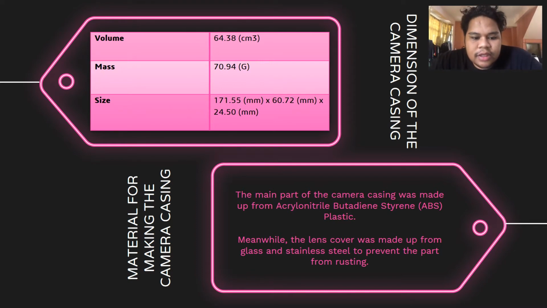For the material, the main part of the camera casing was made from acrylonitrile butadiene styrene, or called ABS plastic, while the lens cover was made from glass and stainless steel to prevent the part from rusting.